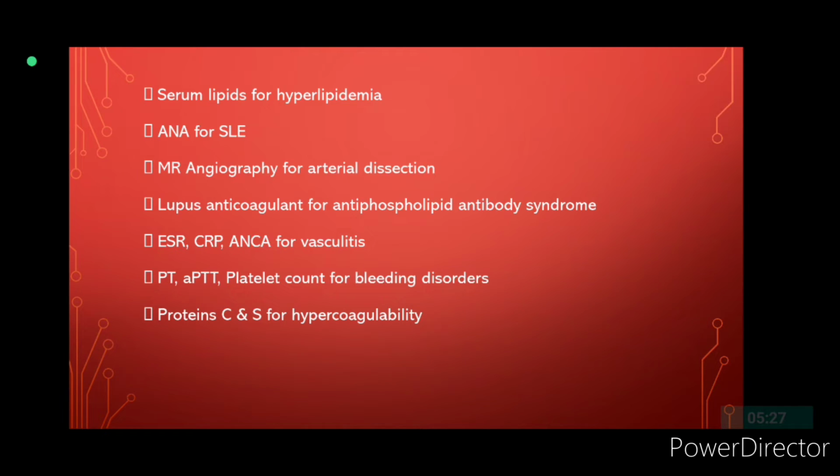Lupus anticoagulant for antiphospholipid antibody syndrome. ESR, CRP, ANCA for vasculitis. PT, APTT, platelet count for bleeding disorders. Proteins C and S for hypercoagulability.